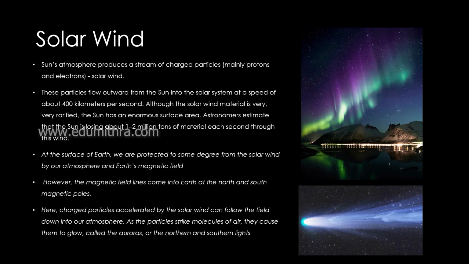At the North Pole and South Pole of Earth, the magnetic field is weaker, so these particles can come into the atmosphere and cause some bright emission of light. Something like this we can observe near the North Pole and South Pole, and it is called the aurora, or the northern and southern lights. The reason behind that is the solar wind.